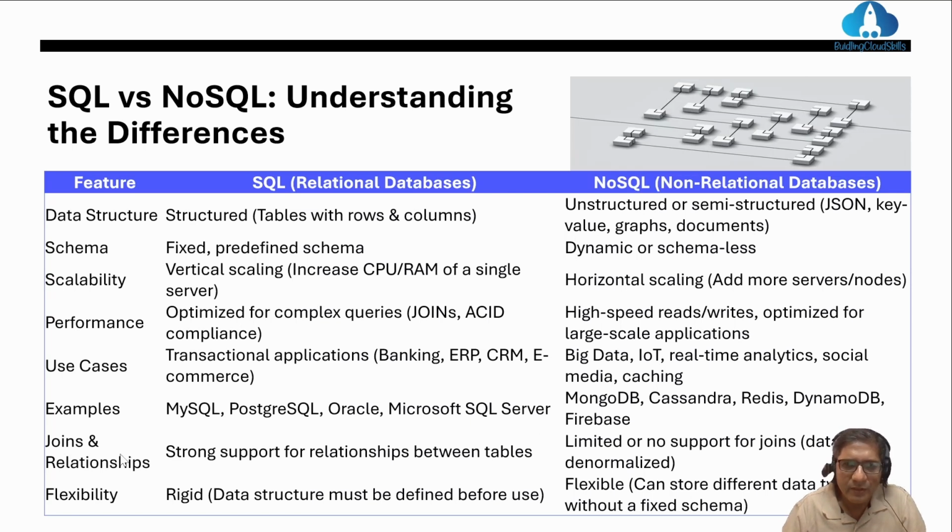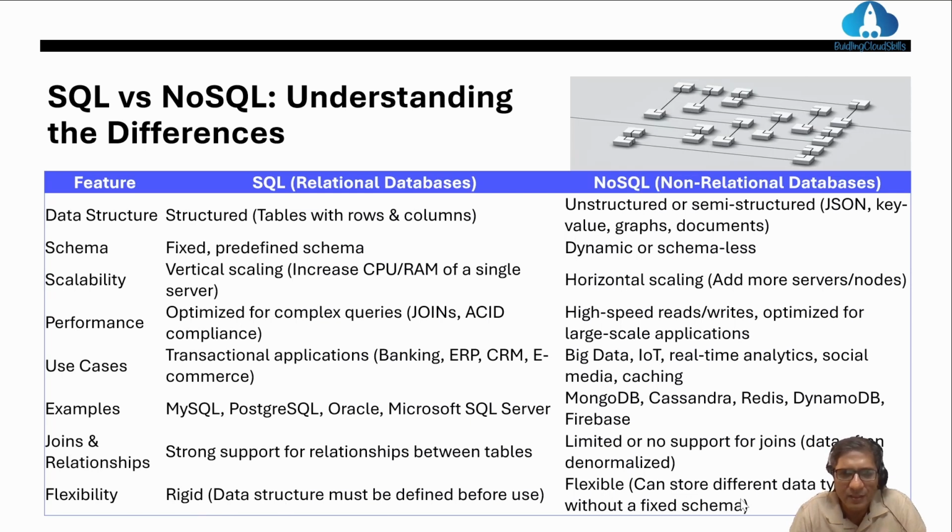Here you have joins and relationships, strong support for relationships between tables. Here there is no support for joins. It is a denormalized database. That means whatever you want, you have to add inside the same row itself, you cannot join two tables or build relationships. The structure is rigid, the data has to be planned and designed much more in advance.